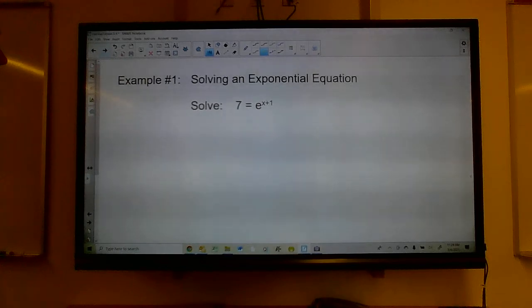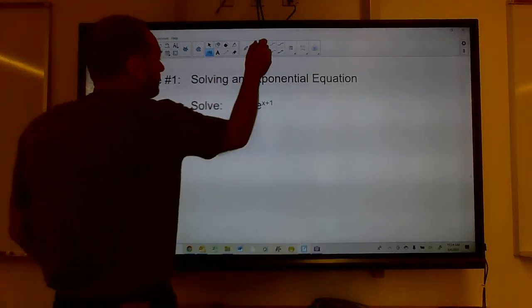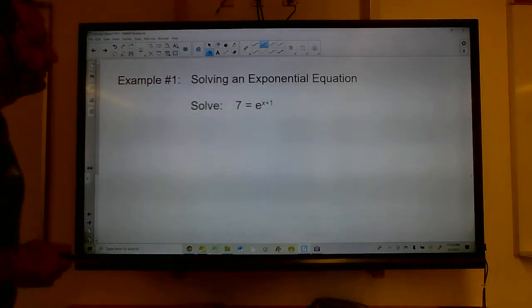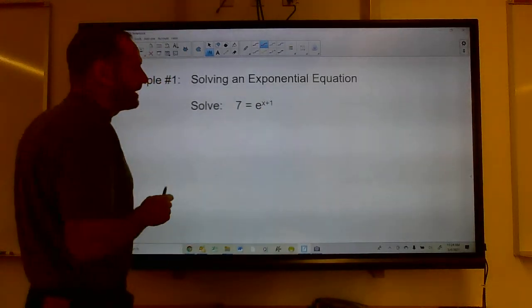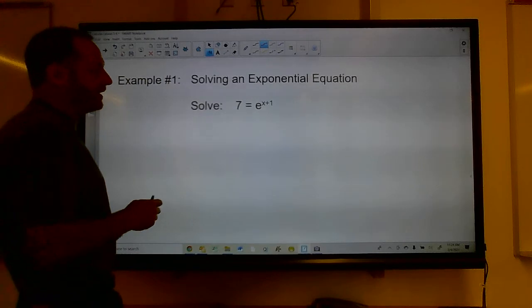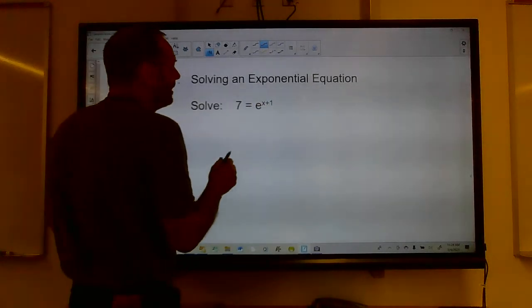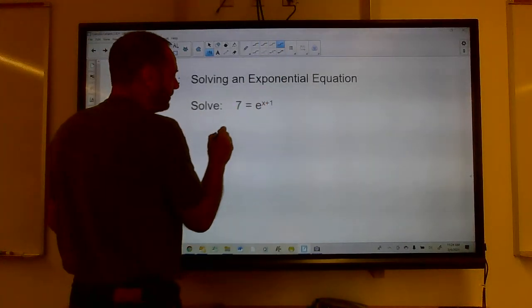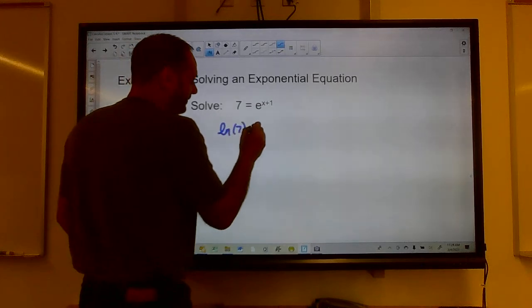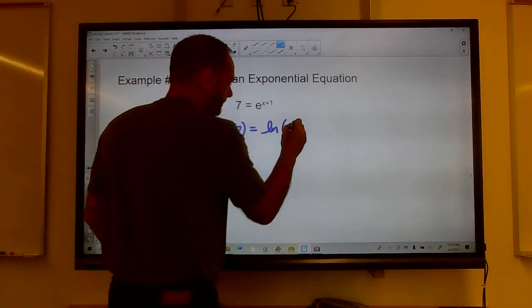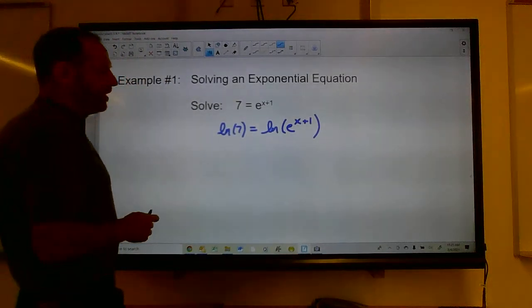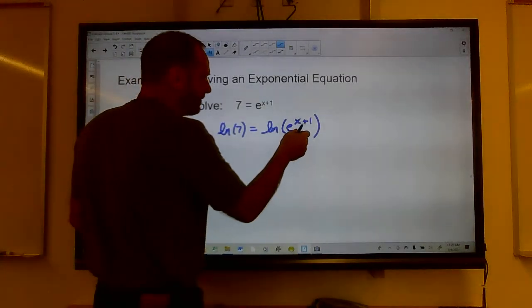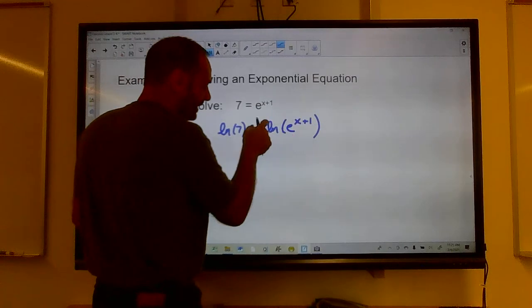Okay, then we solve some exponential equations. I got a couple things I want to do here. I want to get rid of this e, and I want to get this exponent down off of the variable. So what I would do is take the natural log of both sides of this equation. And if you remember your log rules, I can take my exponent down in front.